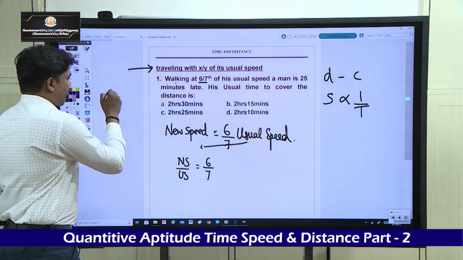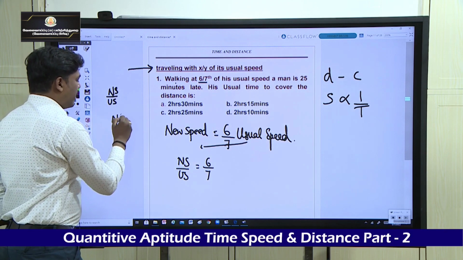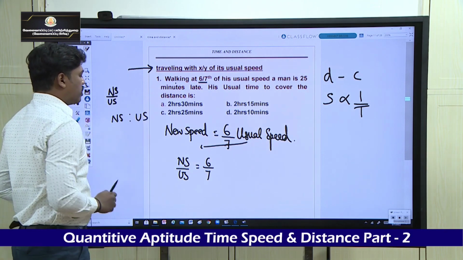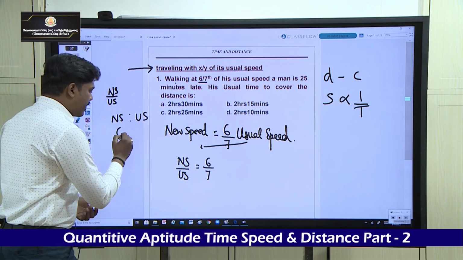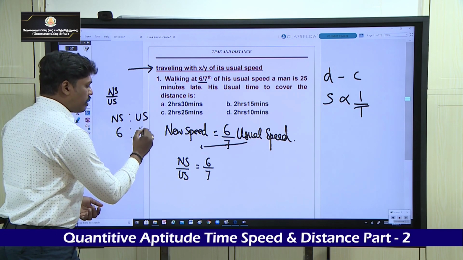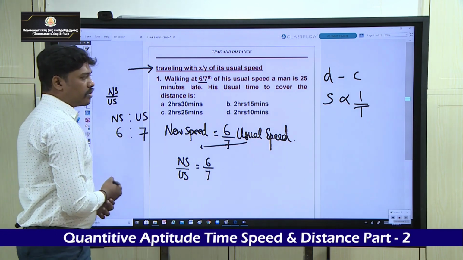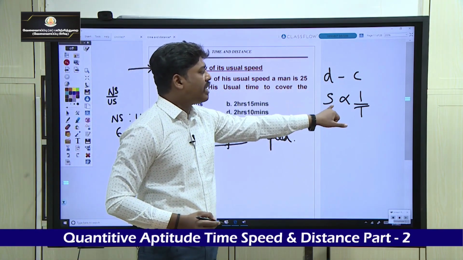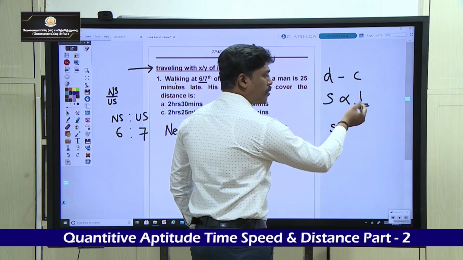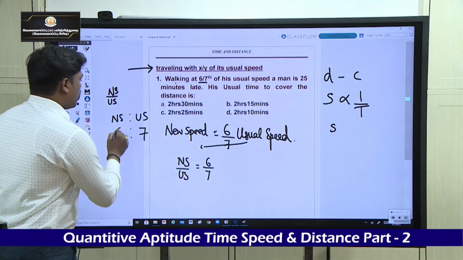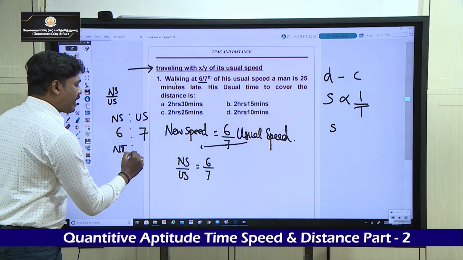So new speed is to usual speed, A by B means it is in terms of ratio A is to B. So here new speed is 6 and the usual speed is 7. It is in terms of speed. So when distance is constant, what would be the time taken? Distance constant means speed is inversely proportional to time. So new speed to usual speed 6 to 7. What would be the new time to usual time?